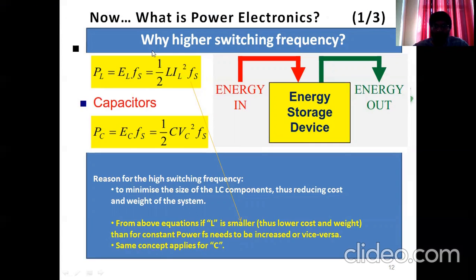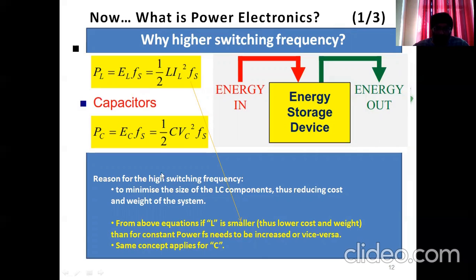We are already aware of this. Because the rate of change of current in an inductor is L di by dt, the energy stored in this inductor is half L i squared. If we multiply this energy stored in the inductor with frequency, we get power.